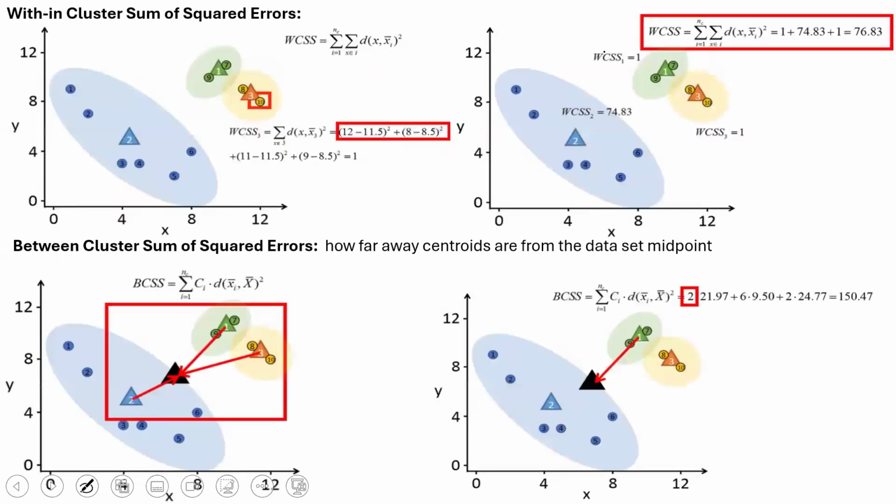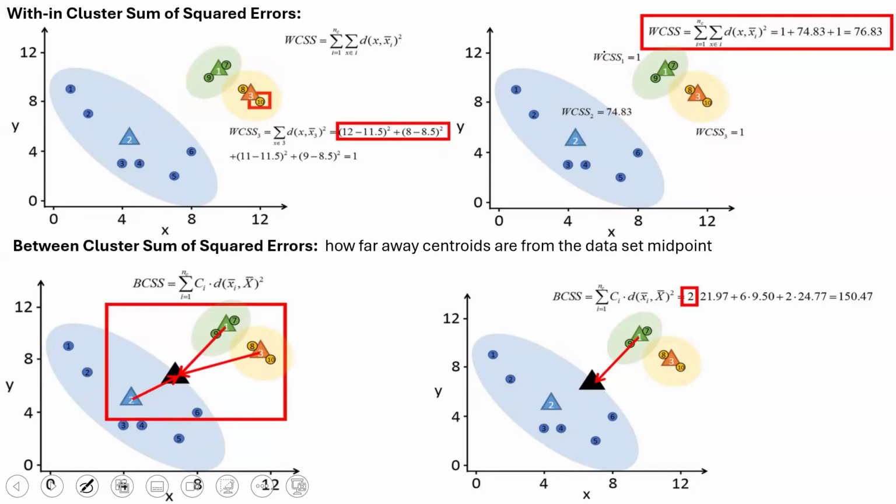Now how to do that is you choose this first cluster. Within cluster sum of squared distances, there are two things that we have talked about earlier as well, which are inter-cluster distance and intra-cluster distance. Within cluster sum of squared errors is nothing but the intra-cluster distances.